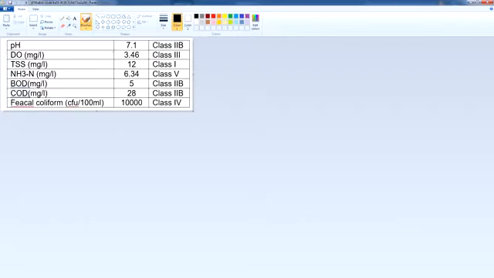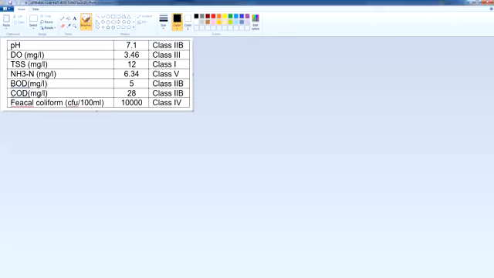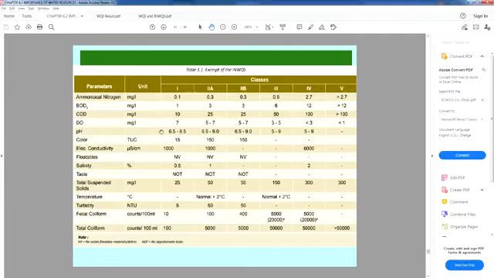So DO is how much? 3.46. Where is the range of that DO? It is in class 3, between 3 to 5. Total suspended solid is 12 mg per liter. Where is the total suspended solid?